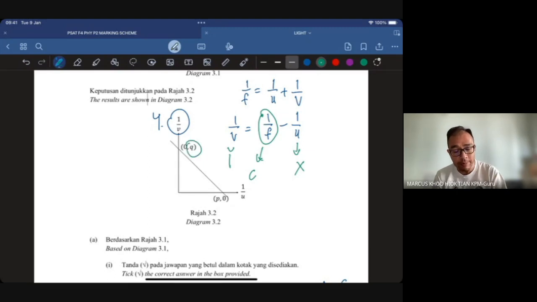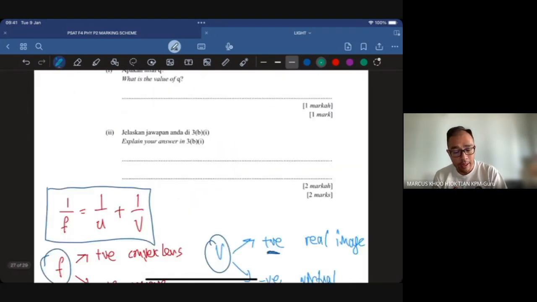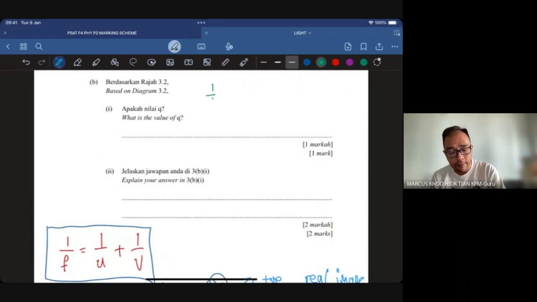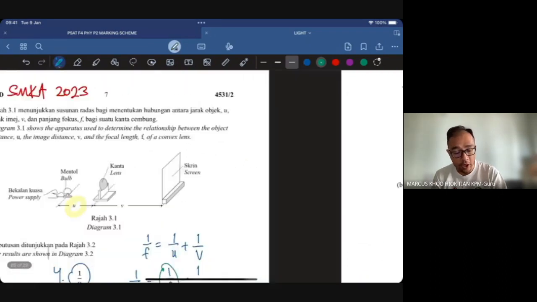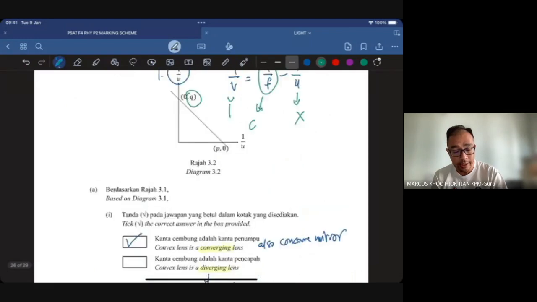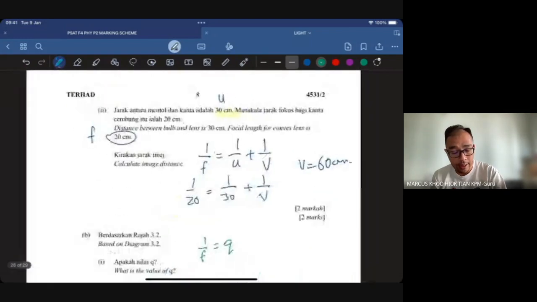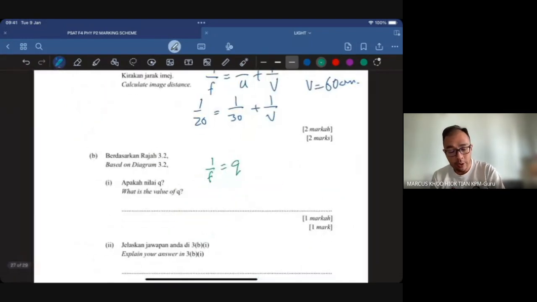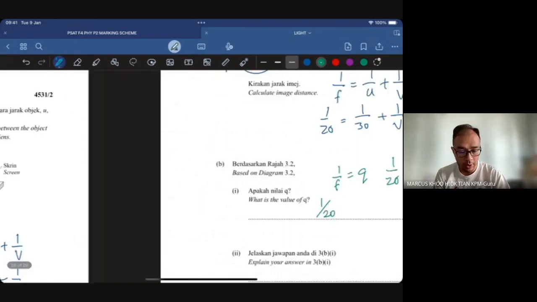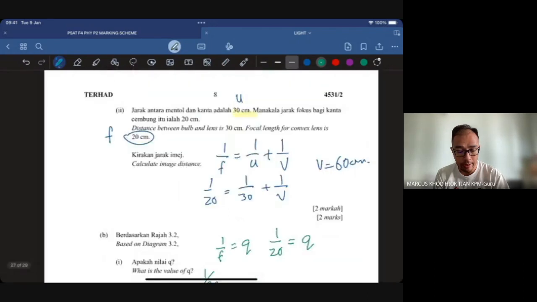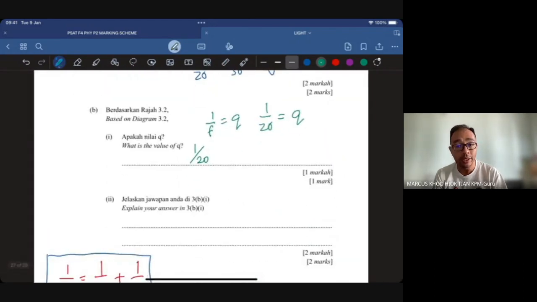Our y-intercept is Q, which means 1 over F equals Q. According to this question, F is 20 cm. So 1 over 20 equals Q. So Q is 1 over 20. Just leave it as it is. Don't worry about the decimal value.